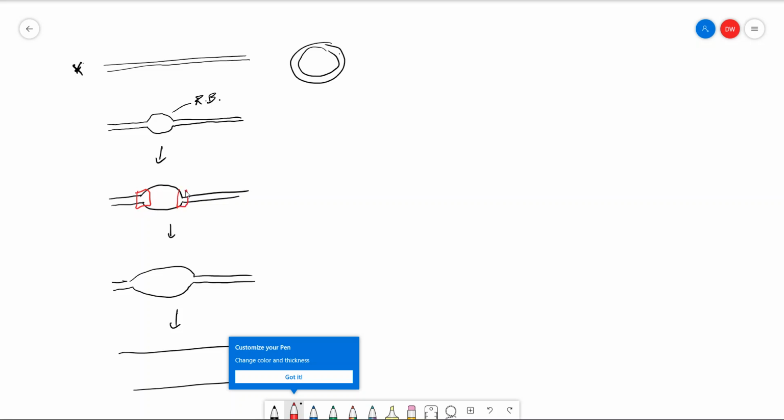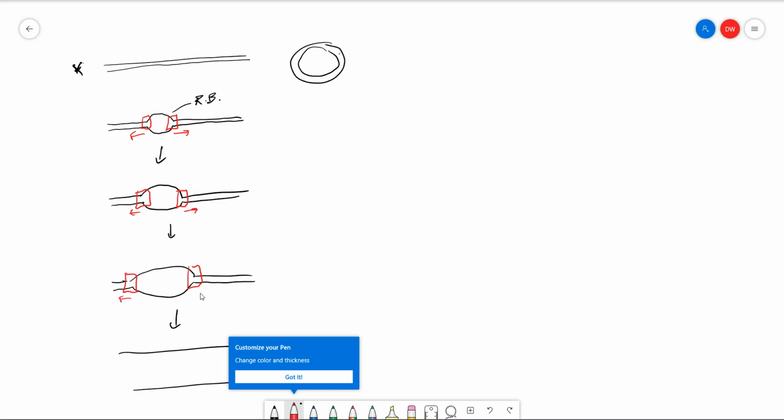So now our replication fork is here, and then later on the replication fork is here and here. So notice, I'm going to go ahead and put this back in here for just a second. Notice what's happening to the replication fork as we move. The replication fork itself, that one is moving off in that direction. This one is moving off in that direction. See that? This is very important, and you'll see why in just a little bit.